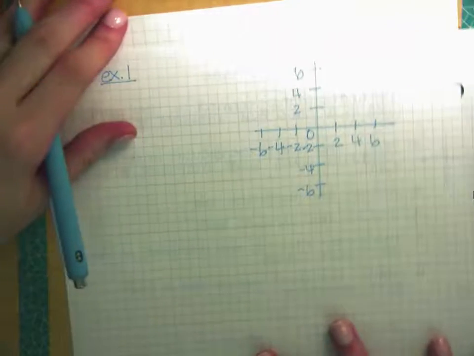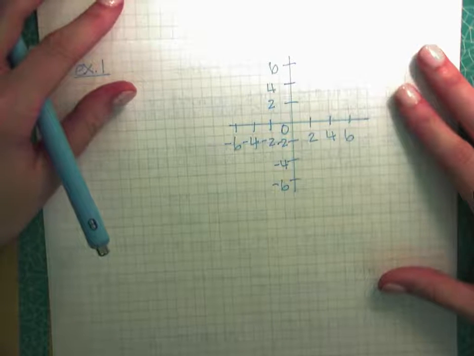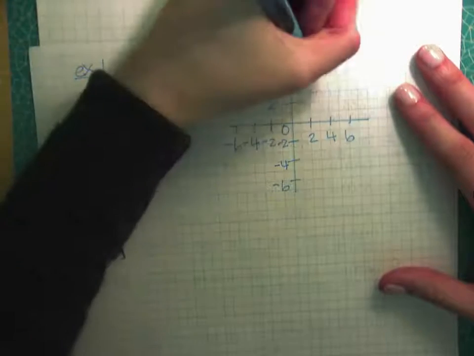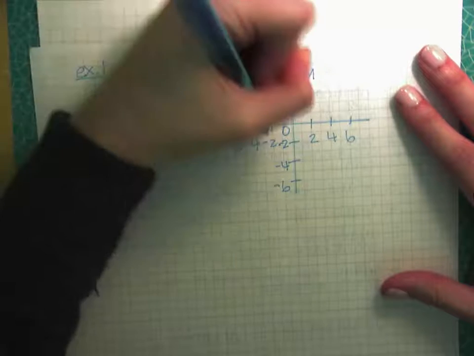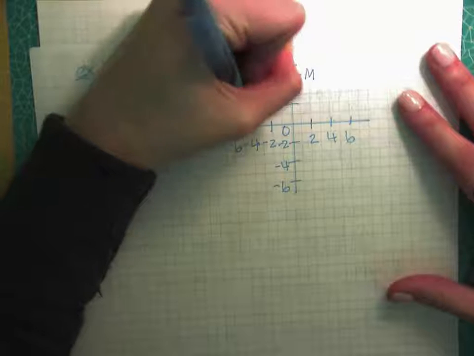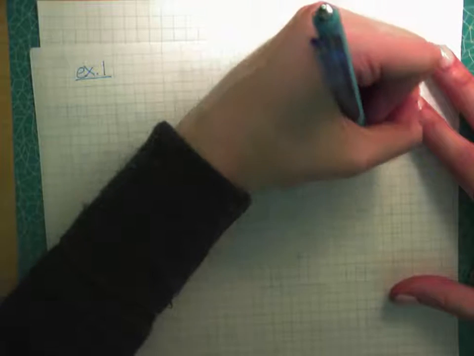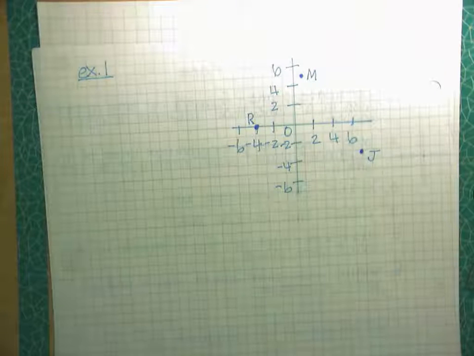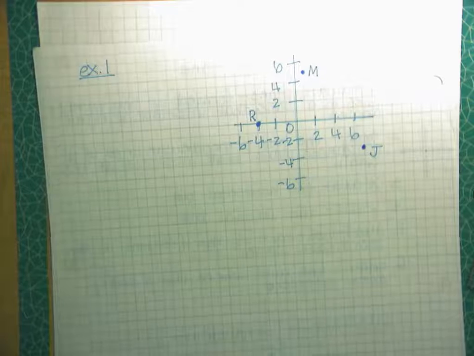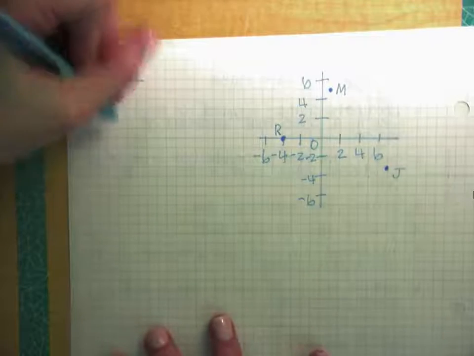And we're going to have 3 points within this coordinate plane. All right, so what we need to figure out is what quadrant do each of these points belong to?